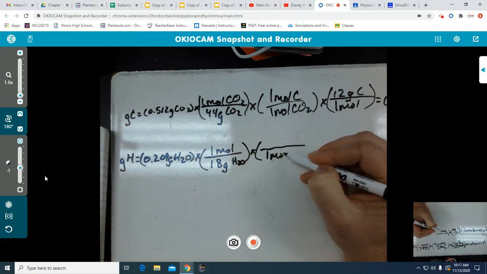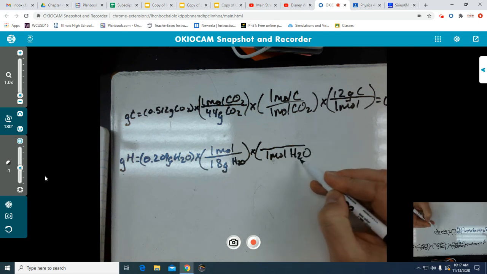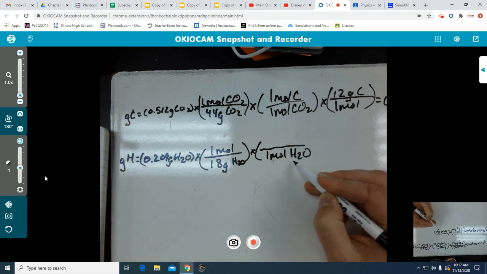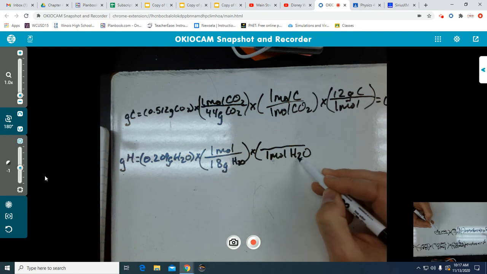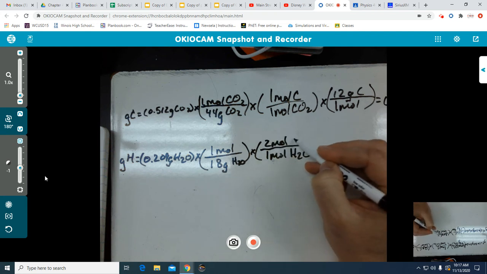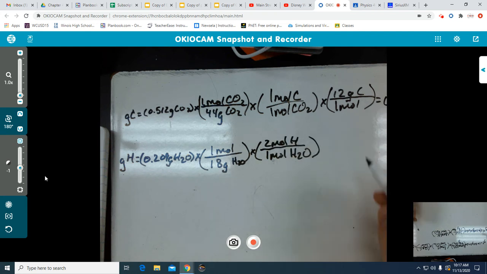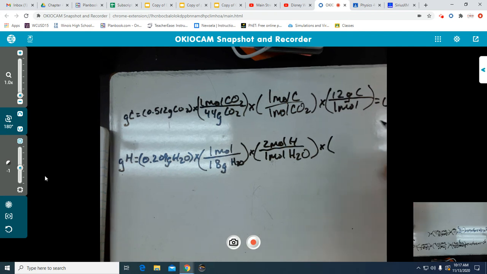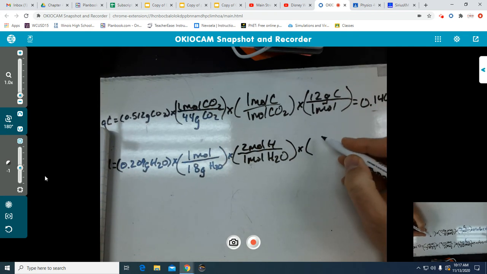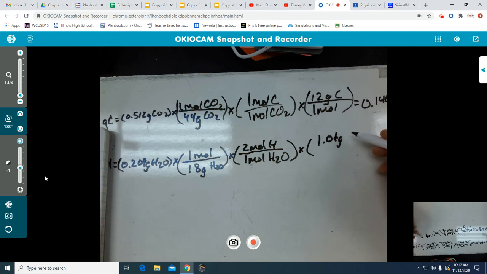In 1 mole of H2O, there are 2 hydrogens, so we take 1 mole times 2 and get 2 moles of hydrogen. We then figure out the grams of hydrogen through the molar mass, which is 1.01 grams of hydrogen per 1 mole. Again, you can use 1.0 if you want to.